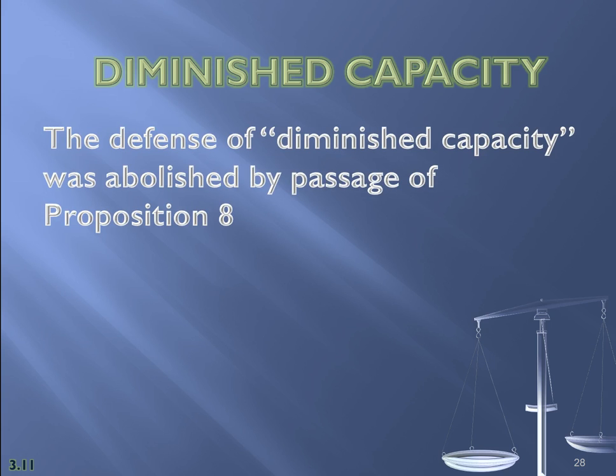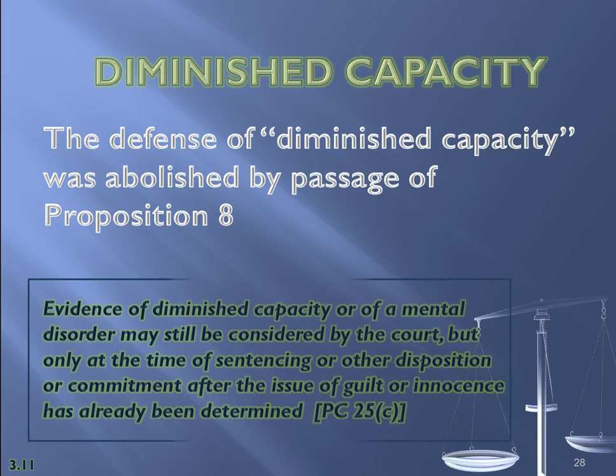And then finally, finishing up diminished capacity, the defense of diminished capacity was abolished by the passage of Proposition 8. We heard about that a little bit earlier. Defendants utilizing this defense in the past maintained that due to intoxication, trauma, mental illness, or the effect of too much blood sugar on the brain, they did not have the capacity to form the necessary criminal intent to commit the crime in which they were accused.